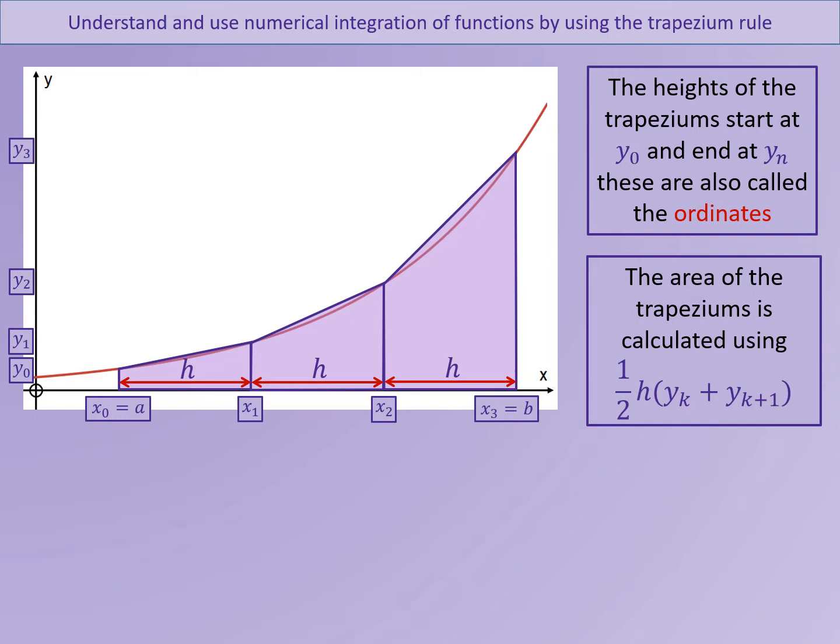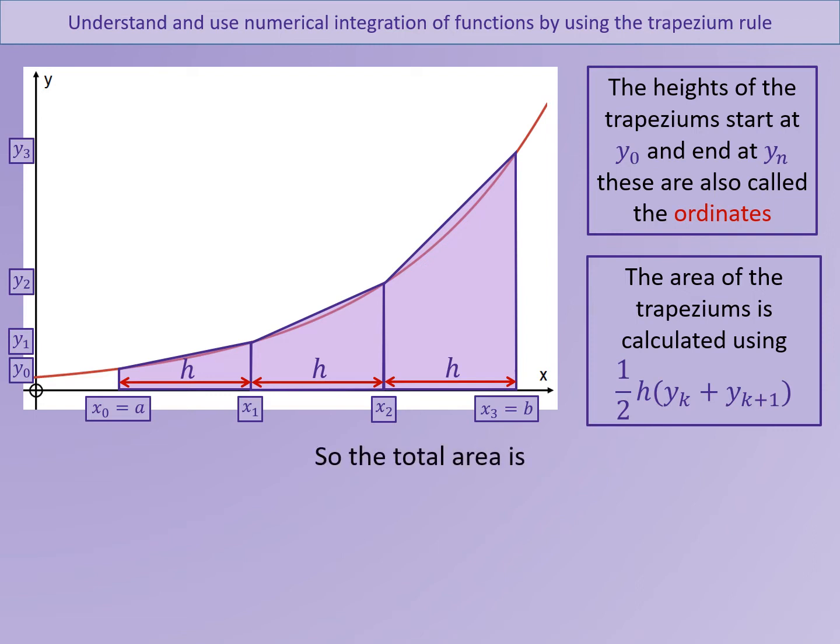So in this case it will be a half of h, the distance between, multiplied by yk plus yk plus 1. That's the sum of the 2 heights of each side of the trapezium. We can find the y values by substituting the x values into the equation of the curve, and that will tell us what y is at each point.